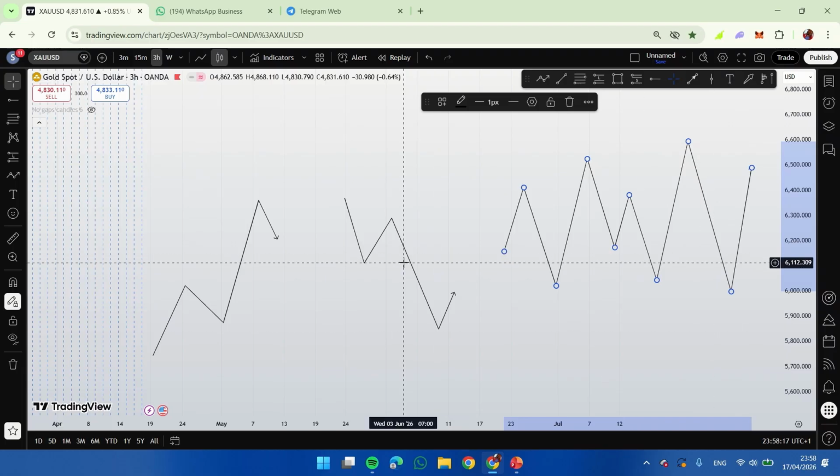So now the question you are supposed to be asking yourself whenever you come to the chart is, what is price doing now? Because you're not trading the past, you're trading now. The only thing that is relevant to you is the past data. What has happened will determine what price is doing currently now.